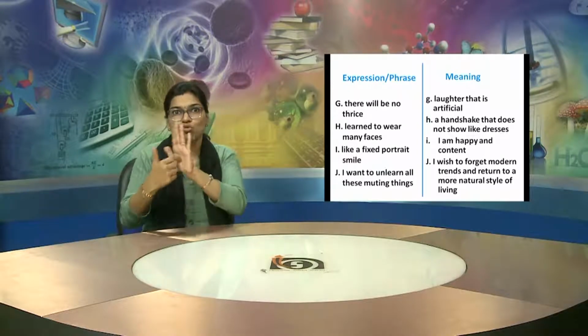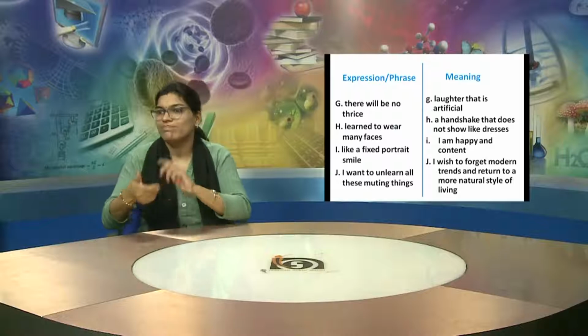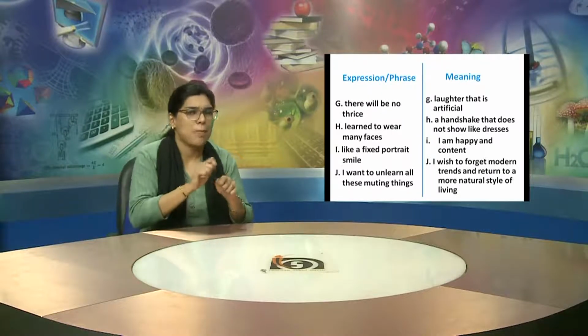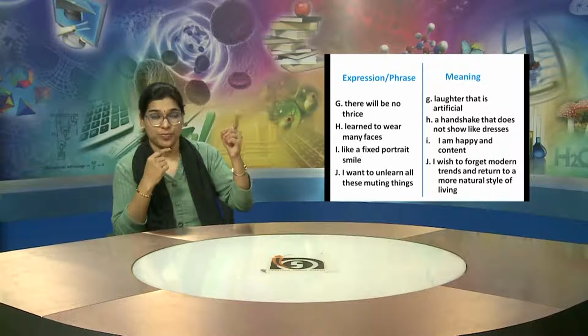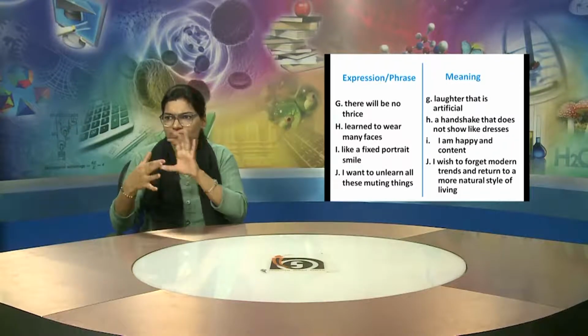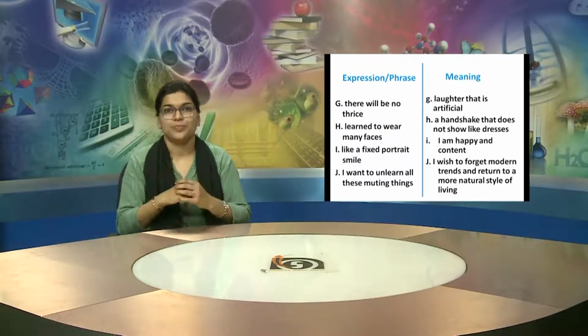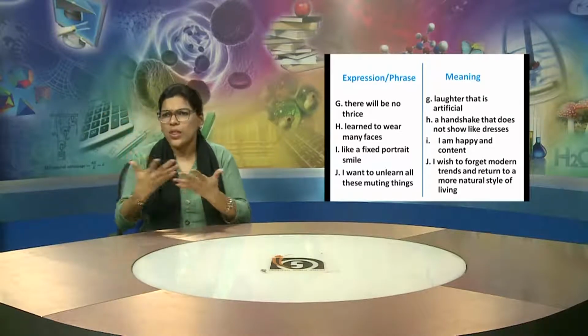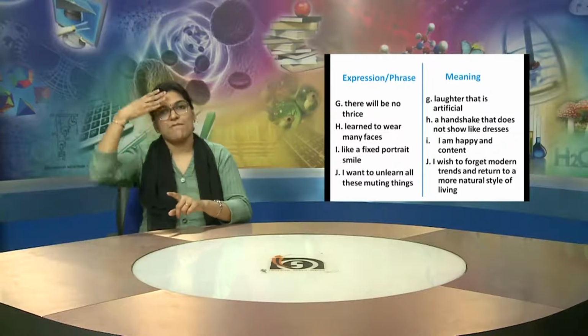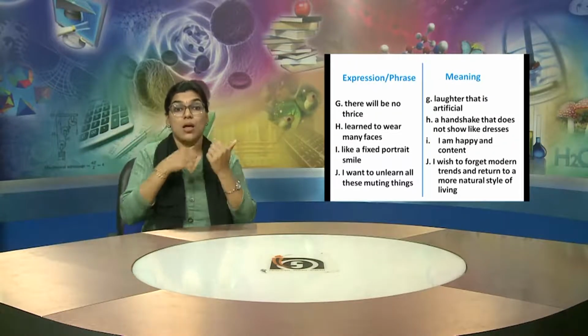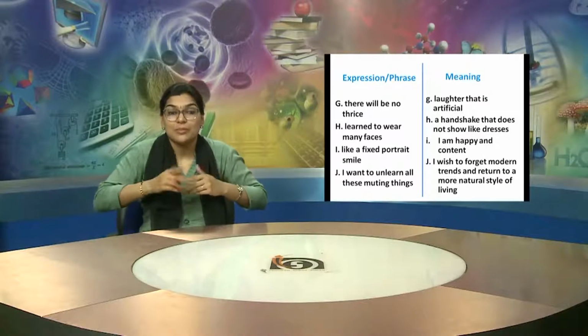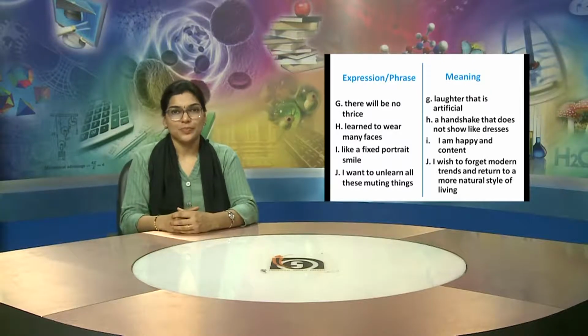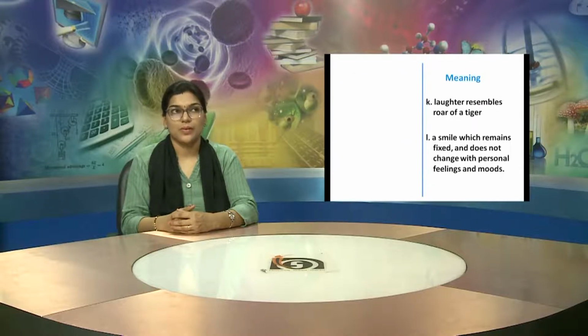On the other hand, G, laughter that is artificial. H, a handshake that does not show warmth. I, I am happy and content. J, I wish to forget modern trend and return to the natural style.